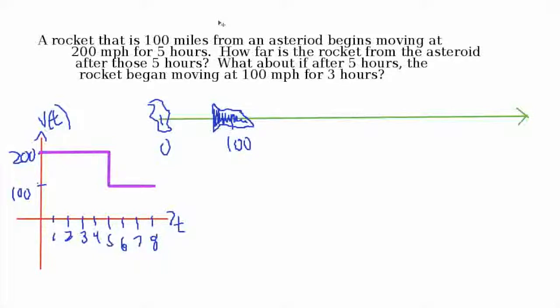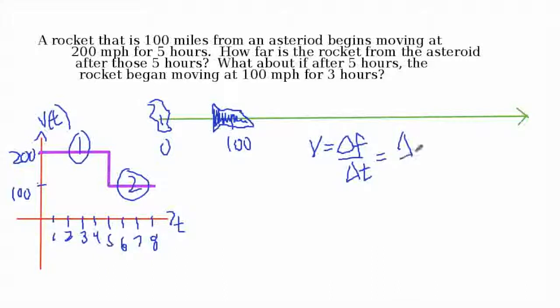So our goal is to figure out how far it was. We know the velocity, so let's break it into phases, phase 1 and phase 2. The first phase is still the same equation, delta F over delta T, or if you prefer, you can use delta X over delta T for the function called X. It really doesn't matter.